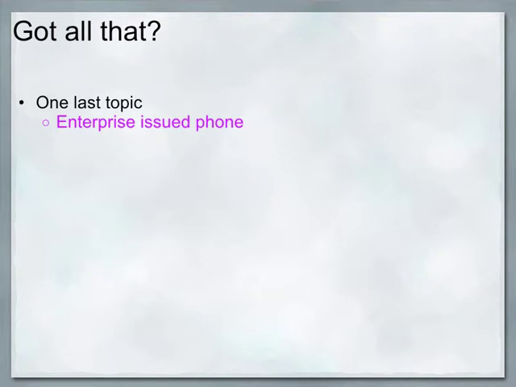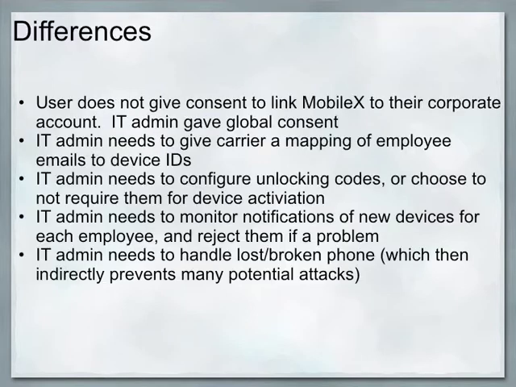And then there's just one last topic I'm going to throw in here. You thought you were done, which is we talked about all these scenarios of phones being issued and users giving consent. And that assumed consumer-oriented scenarios where it's a user making a decision for themselves. But if an enterprise bought the phone, issued the phone to an employee, and wants the phone to access the employee's corporate email, well, then the enterprise can make those consent decisions on the user's behalf.